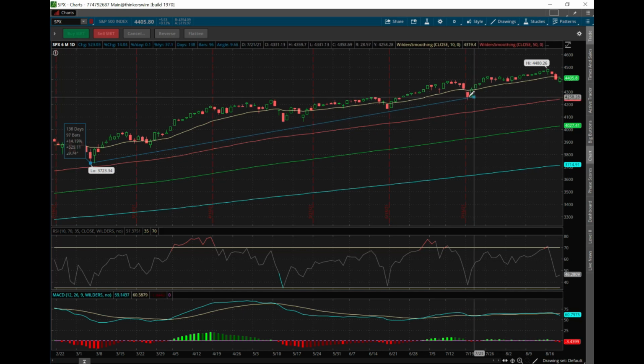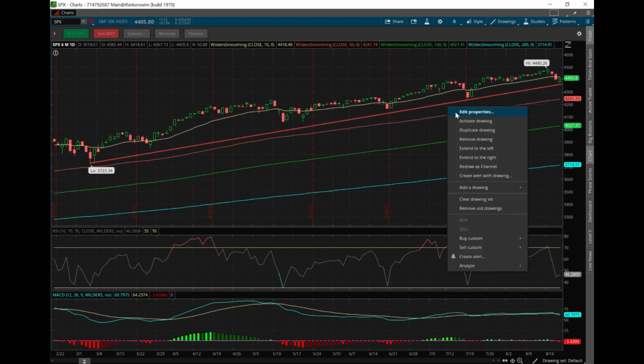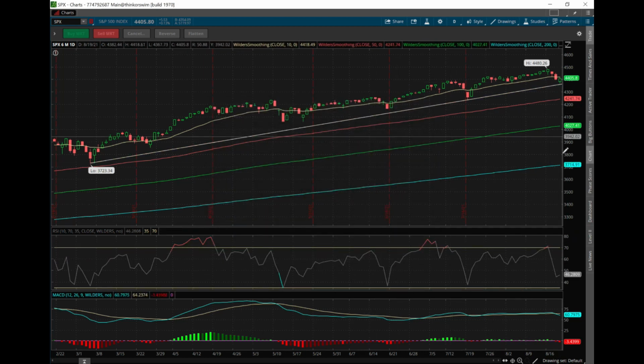This trend line here is what I'm more interested in, so I'm going to try to follow that line up. So we don't have confusion between my 50-day average and that, I'm going to color that white instead. Now it looks like it's following a trend right up.